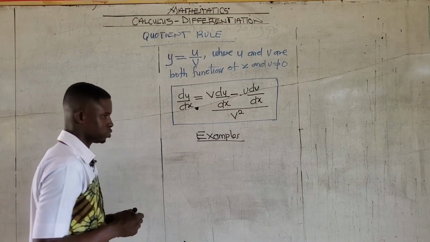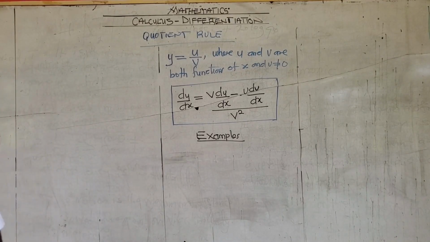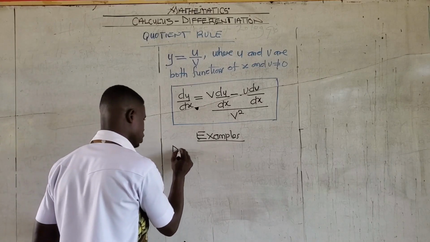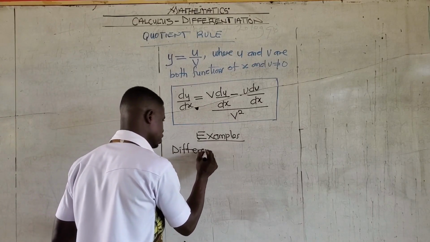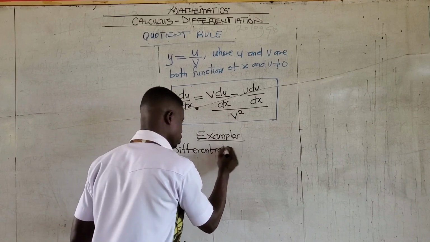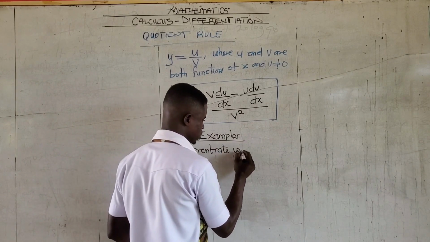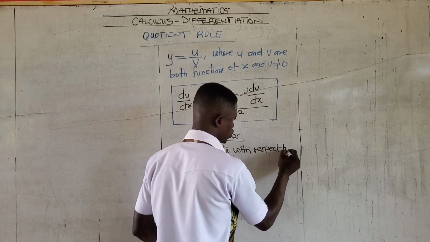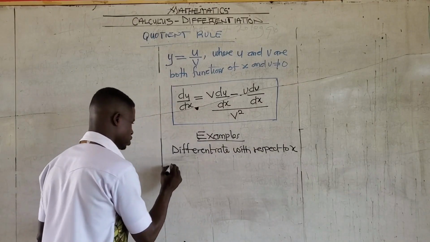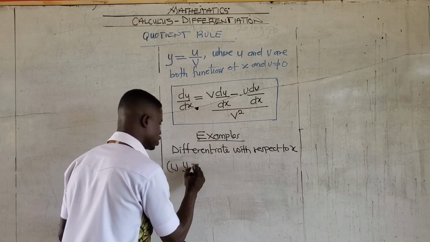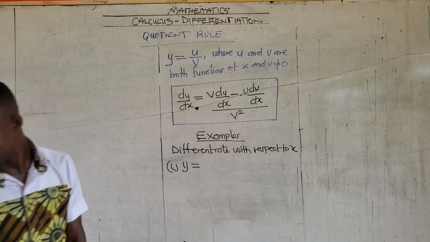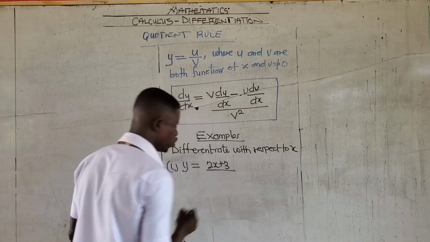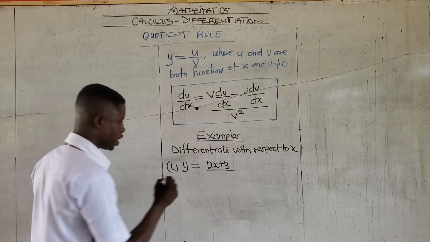Examples. Question 1. Differentiate with respect to x: y is equal to 2x plus 3, all over x minus 5.